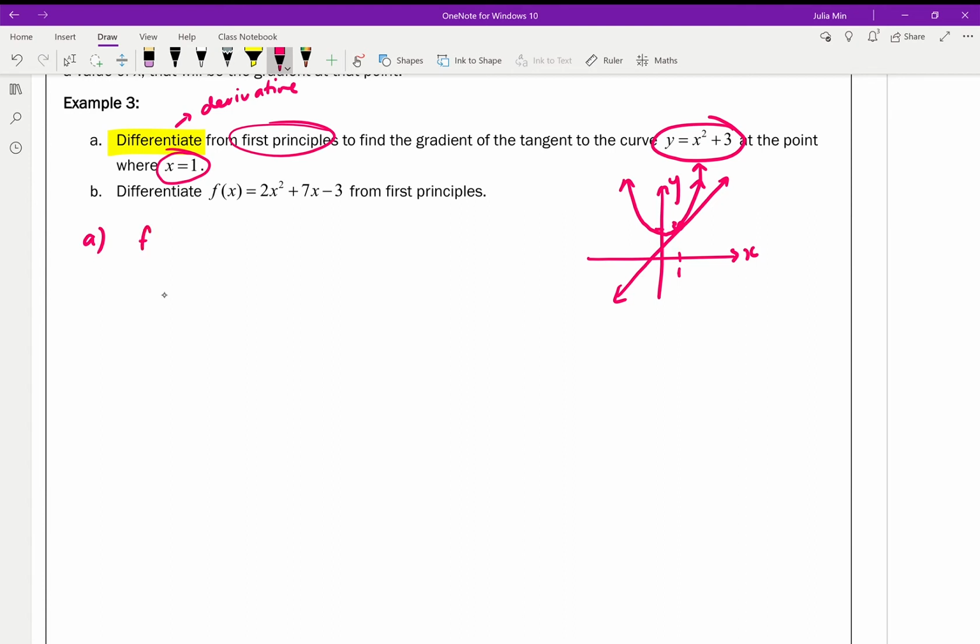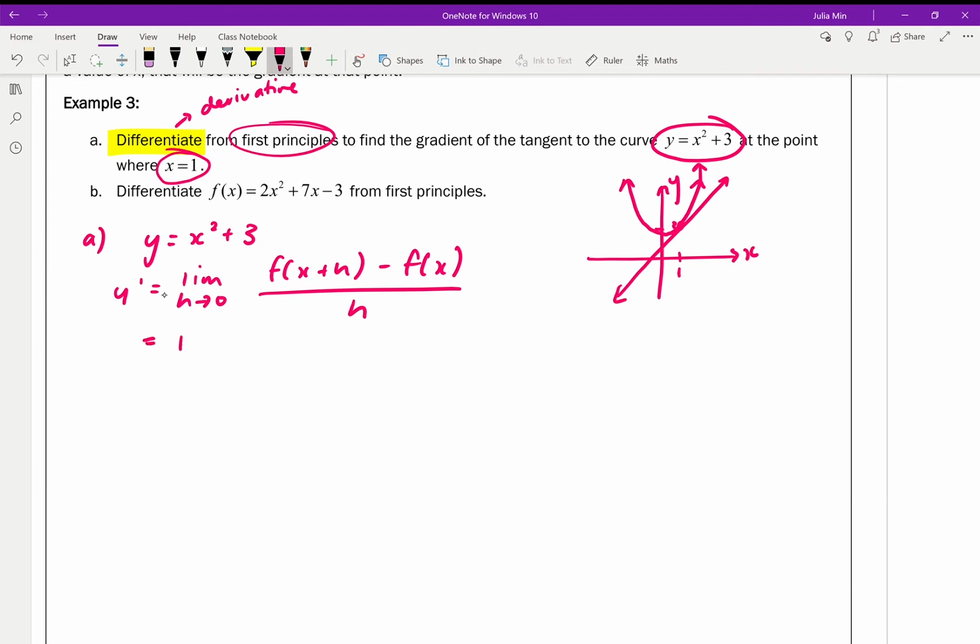So we say, I know that y equals x squared plus 3. So you could say y dash equals the limit as h approaches 0, because that's the technical definition of it. So you need to use this formula all the time. Let's rewrite it with f of x because it just makes more sense.